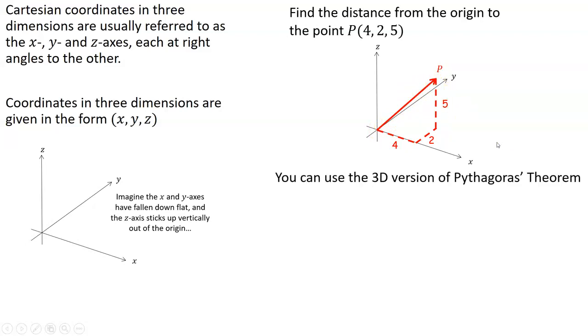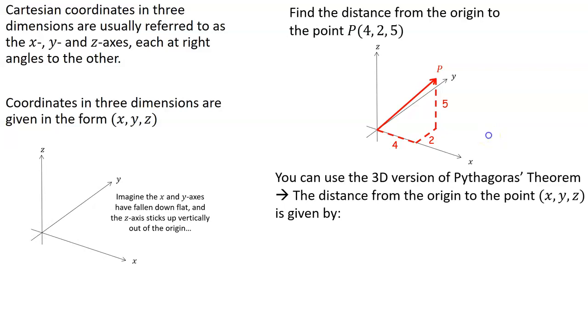We can use the 3D version of Pythagoras' theorem to find the length of this line segment. So it's just the square root of x squared plus y squared plus z squared. So in this case, I've got 4, 2, 5. Add those together and we get the square root of 45.